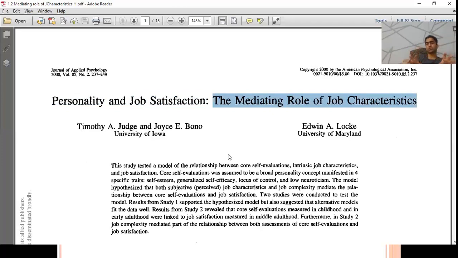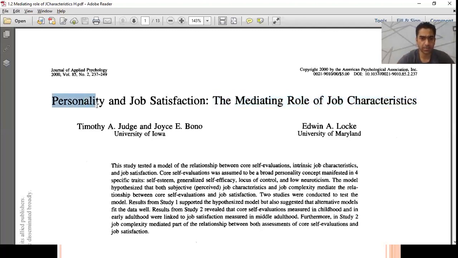From the research topic, I easily got what the contents of this research are. Personality is basically the independent variable, job satisfaction is a dependent variable, and what is there in between? It's job characteristics. So let's see what's there.